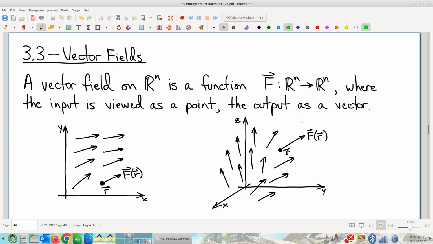But the big idea, remember, is that you think of the input point as a point in Rn, and then you think of the output also Rn, but you think of what comes out as not being a point. You think of it as being a vector that we typically imagine having its tail at the input point where you've evaluated. So it's this kind of construction here.